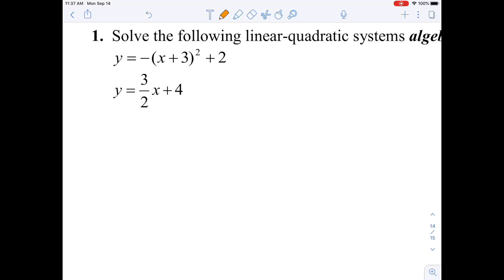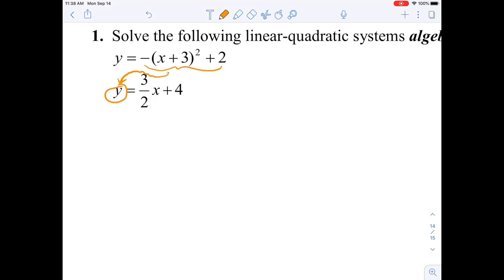For example, everything I have on the right side of this top relation is equal to y. But I also know that this y down here must be the same y for the special points that we're looking for. So if that right side is equal to y, then I can take it and substitute it in and replace the y that I have on the left from the lower equation.